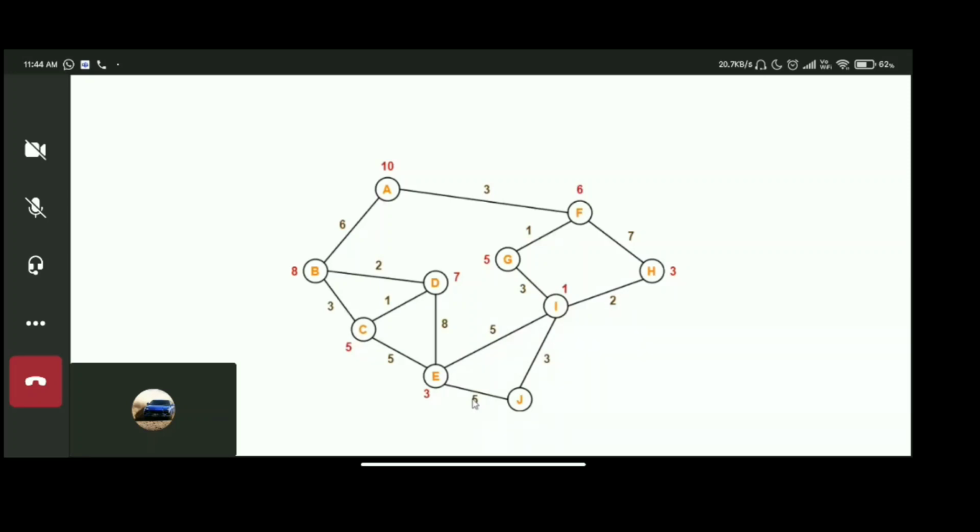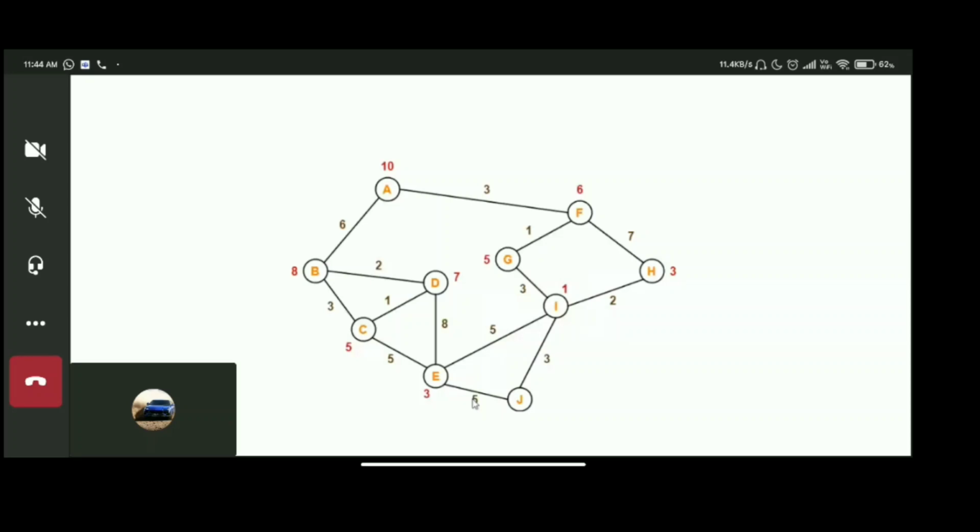So A to B path will cost you 6 plus 8, that is equal to 14 for the path A to B, and A to F is going to cost you 3 plus 6 equals 9. 3 is the computational cost, 6 is the heuristic cost.